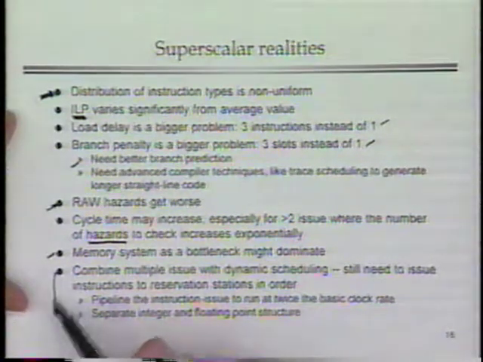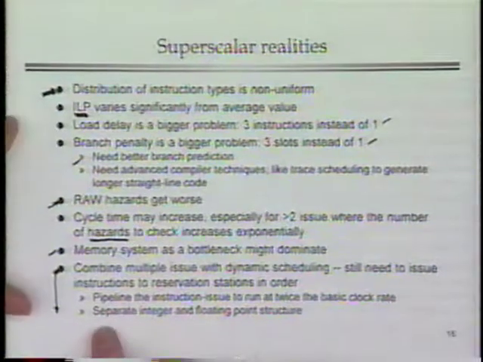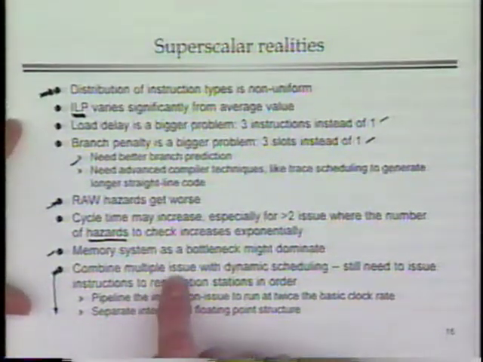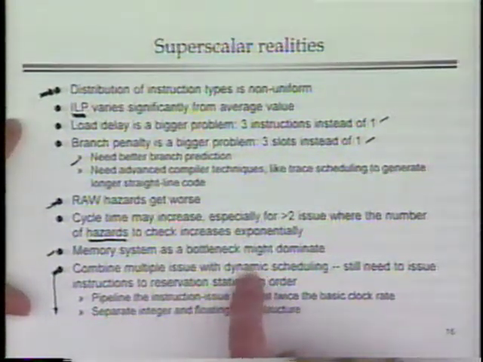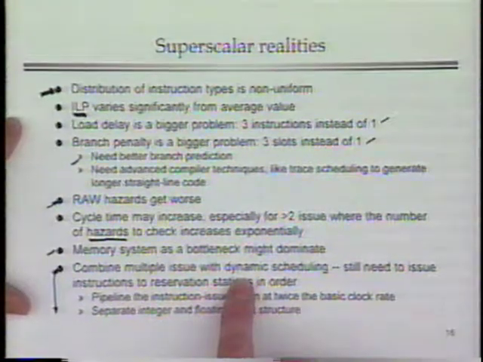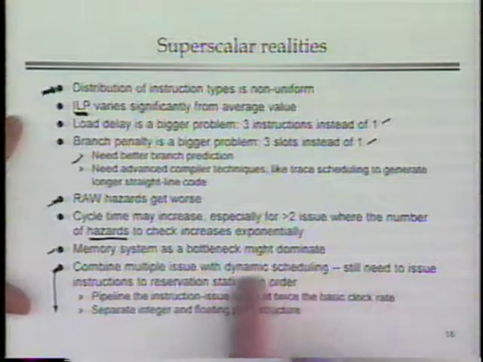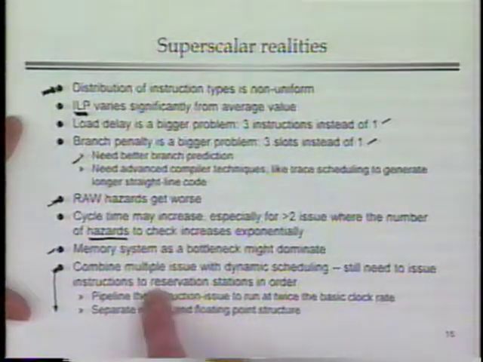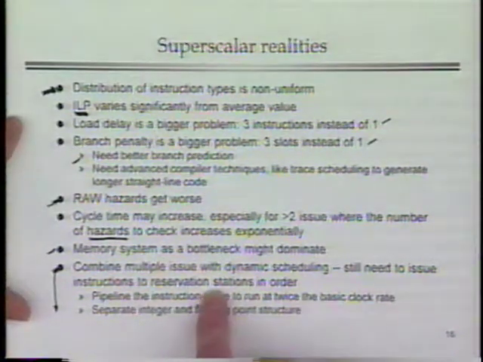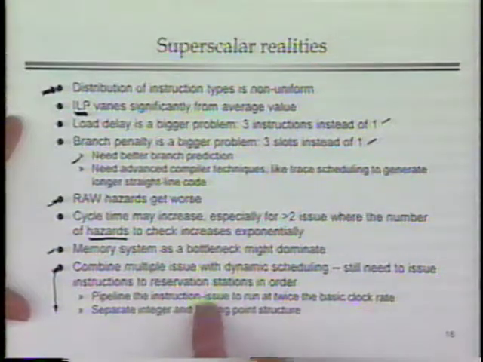If you combine, which in fact I'll show that some of the latest machines do, multiple issue of instructions in one cycle with dynamic scheduling in order to get things to execute out of order, remember that for dynamic scheduling, we're using things like reservation stations or reorder buffers where you have to issue or make entries in those data structures in the order in which instructions are issued.